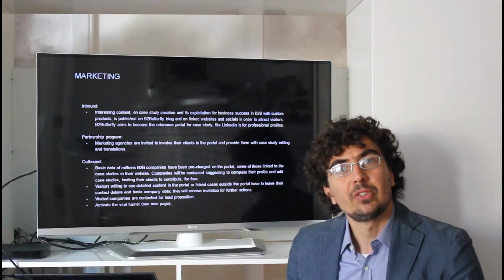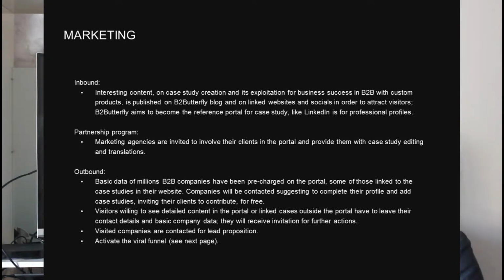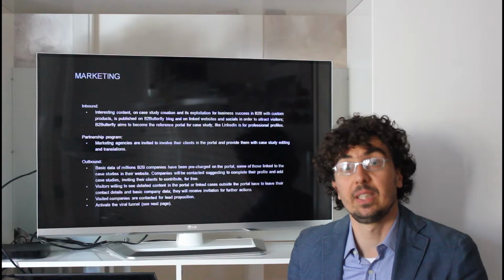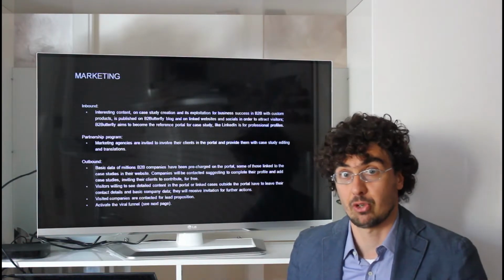Let's see now the marketing. The marketing can be inbound, attracting visitors to the portal through interesting content about case studies. It can be done through partnerships with agencies that can manage the company's profile on the portal, and of course outbound, inviting companies that have been pre-loaded on the B2Butterfly database already, companies that are visited, and companies that are involved in the case studies because the suppliers mentioned them.